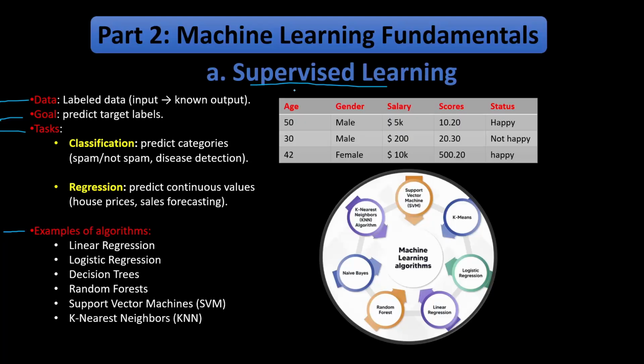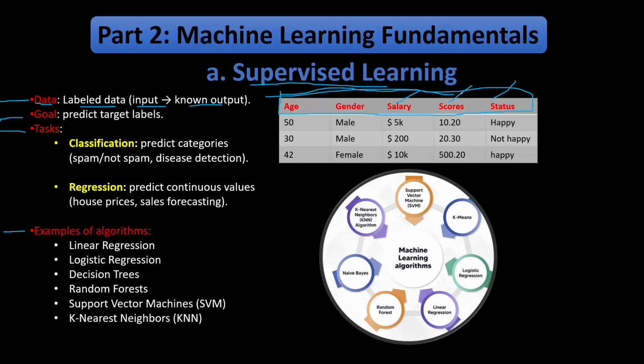So supervised learning needs a data set, but labeled data. Now let's understand labeled data. Labeled data is a type of data where you have input features with corresponding predefined target labels. For example, we have this data where we have these features: age, gender, salary, scores and status.